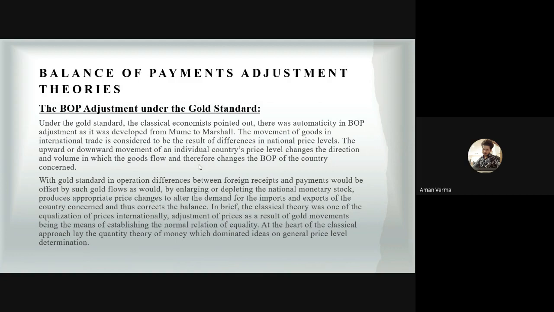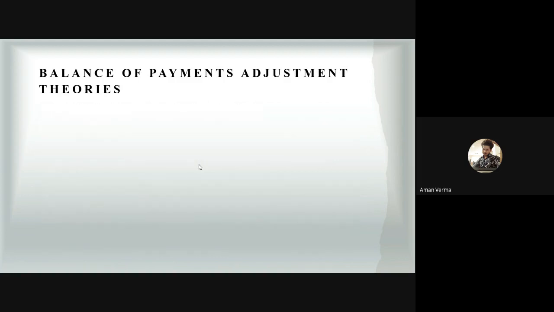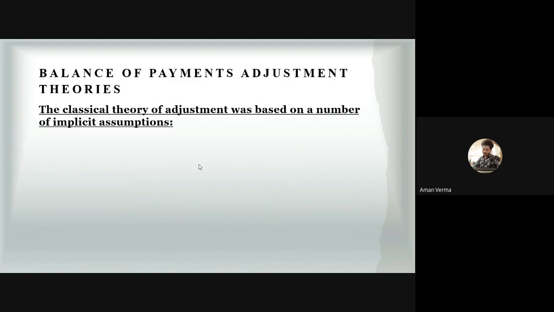being the means of adjustment. At the heart of the classical approach lay the quantity theory of money, which dominated ideas on general price level determination. The classical theory of adjustment was based on a number of implicit assumptions. The first is the validity of the quantity theory of money.